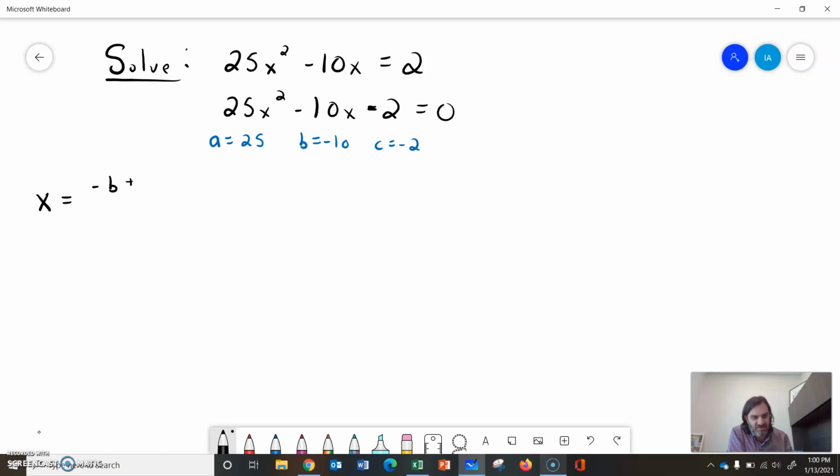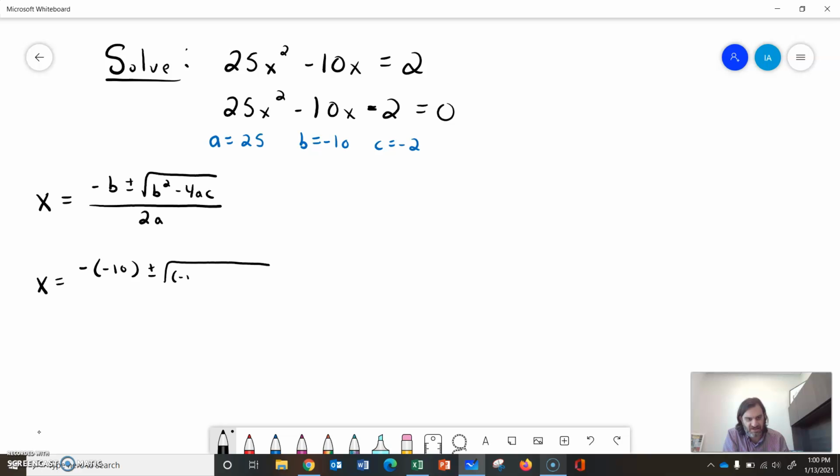So just writing down the quadratic formula: negative b plus or minus the square root of b squared minus 4ac, all over 2a. Let's just drop all these values in. So negative b, negative 10, plus or minus the square root of negative 10 squared minus 4 times 25 times negative 2.